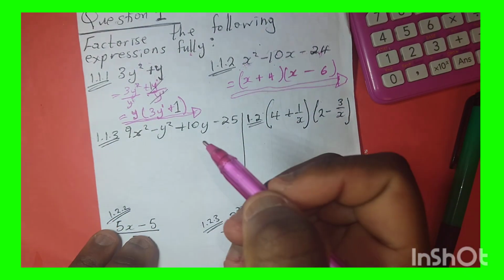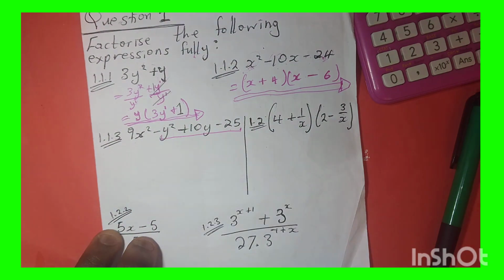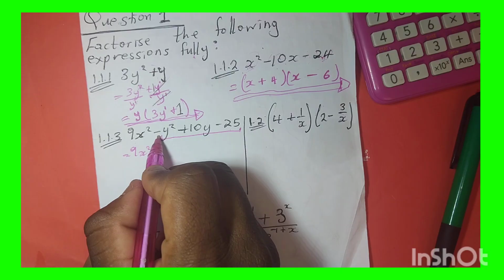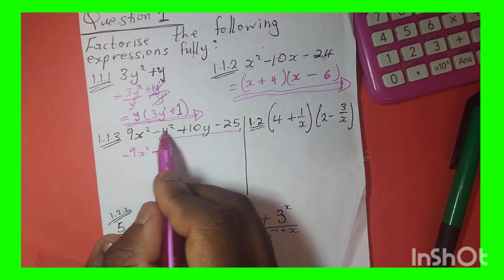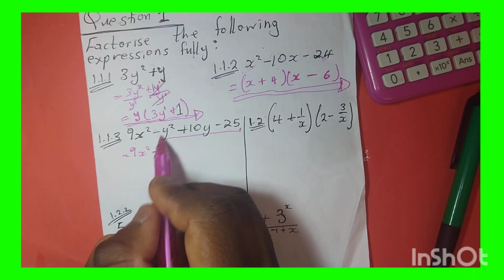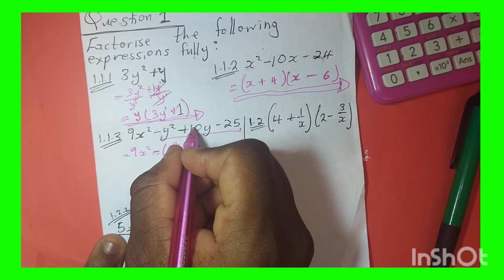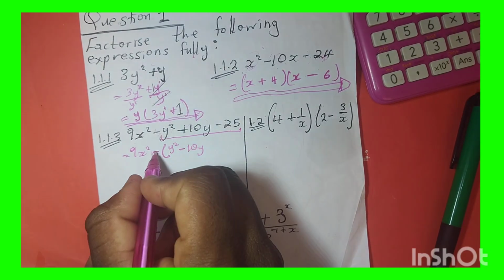This is how, guys, you factorize this. If I check here, all those terms can form a trinomial. This is what I will do. I'll write this down. I'll take the negative as a common factor, open bracket. That negative divided by this term, same sign, gives me positive y². That negative divided by this term, different sign, gives me negative 10y.